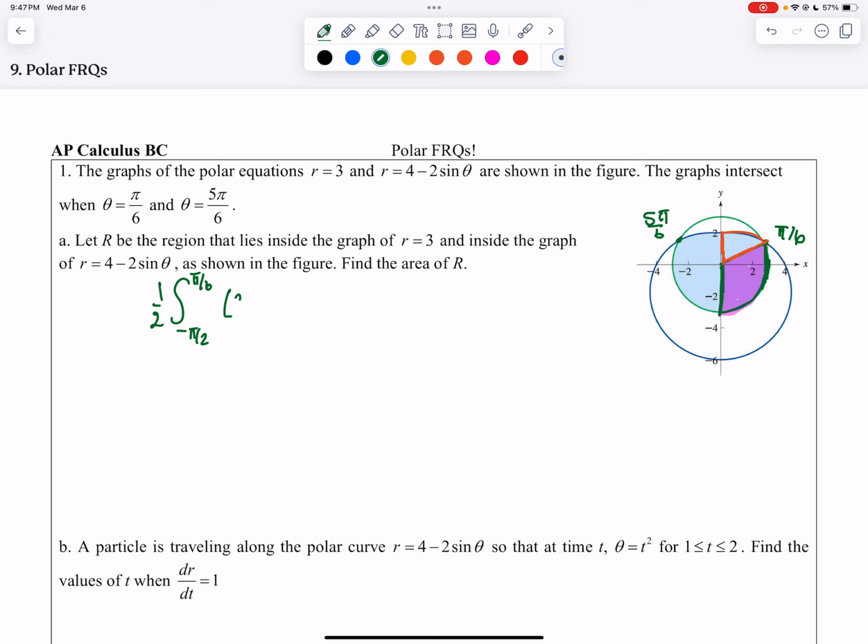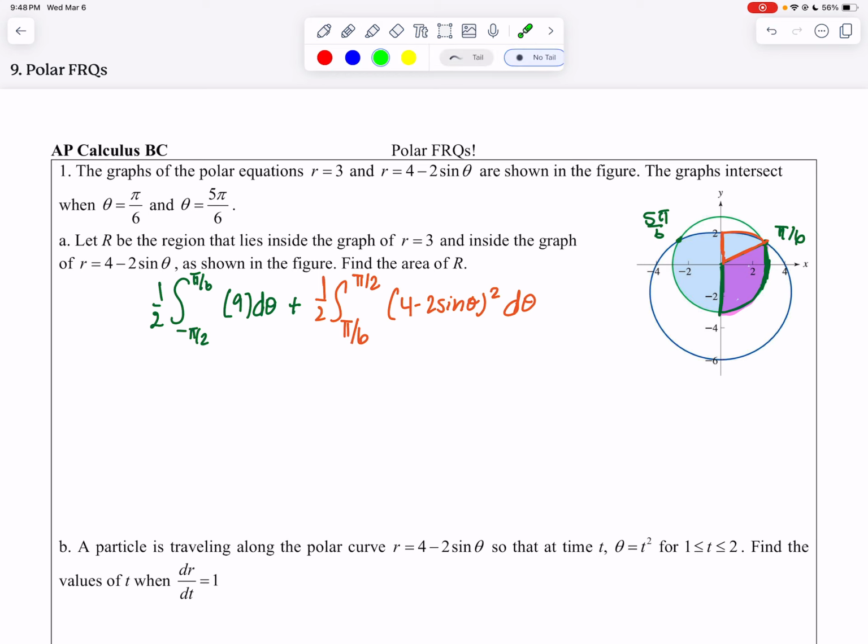So this is going to be 9 d theta. Plus I have my orange, so I have 1/2 the integral from pi over 6 to pi over 2. Then this right here covers my blue polar graph from pi over 6 to pi over 2 whenever I swoop it over. So that's going to give me 4 minus 2 sine of theta squared d theta.